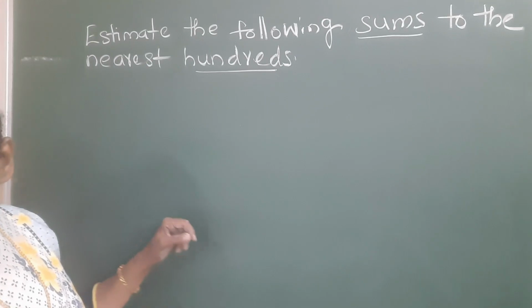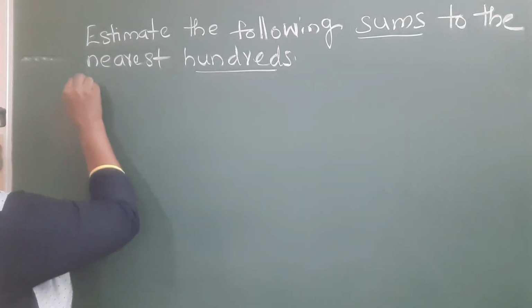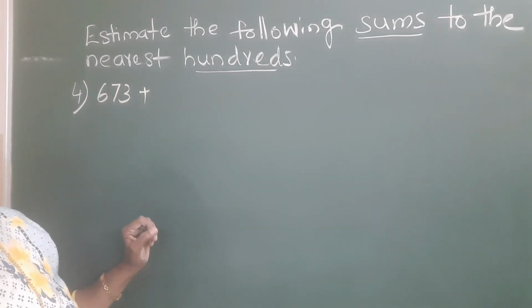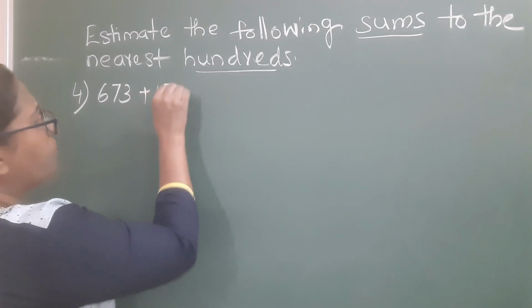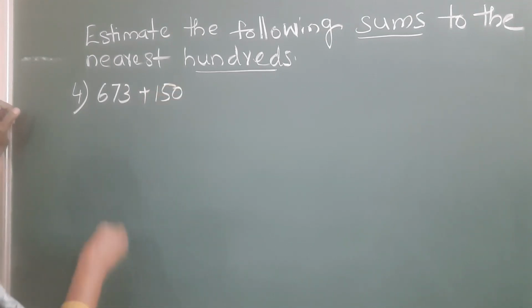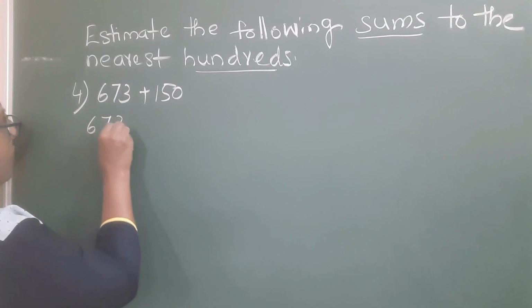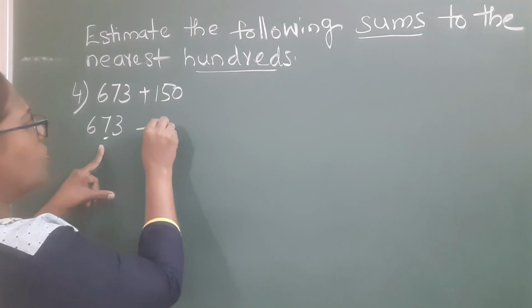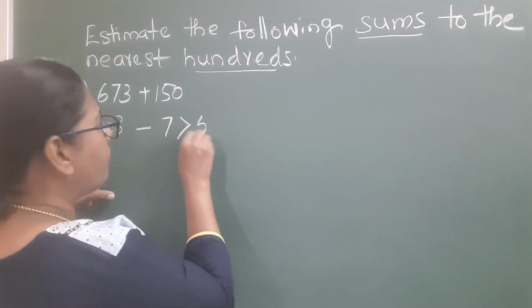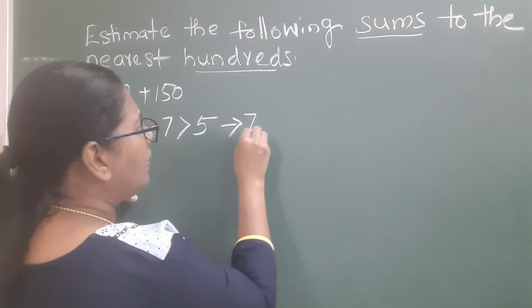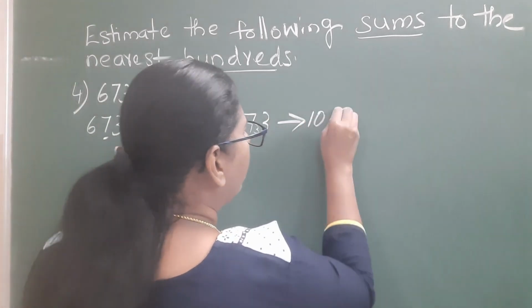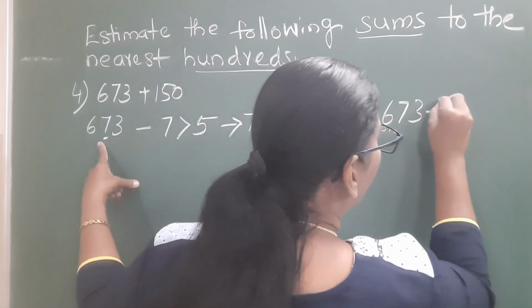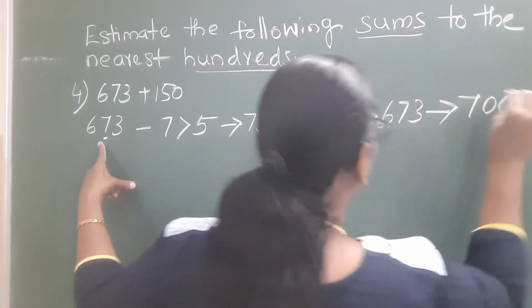Next one is 673 plus 150. First we'll do 673. In 673, 7 is in tens place. So 7 is greater than 5. So 73 rounds off to 100. So 673 rounds off to 700.